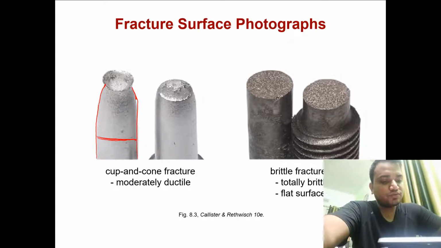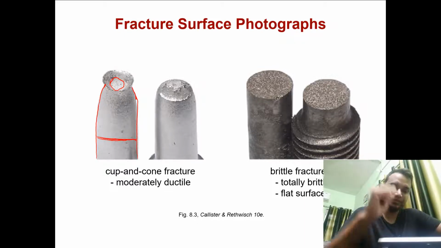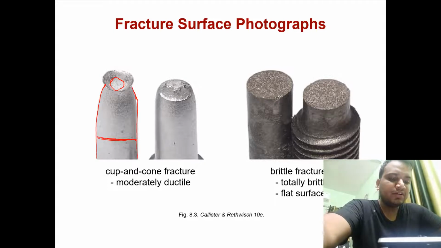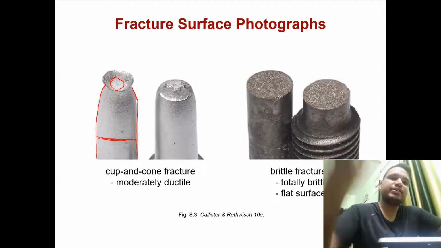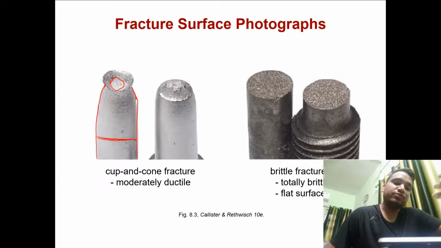These are two parts of the same specimen. In the case of ductile fracture, the phenomenon happens with the help of voids, which create some kind of pits.